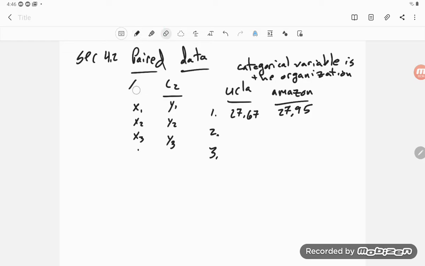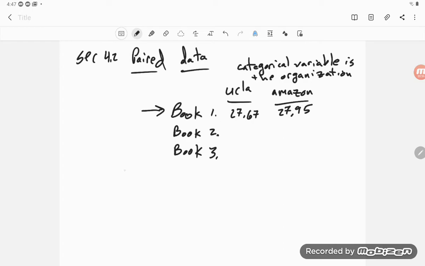Let me erase this stuff here. What I'm going to do is say this was book 1, then book 2, then book 3, and so forth. If this is a particular book, I would expect these two prices to be pretty similar, because it's the same book.